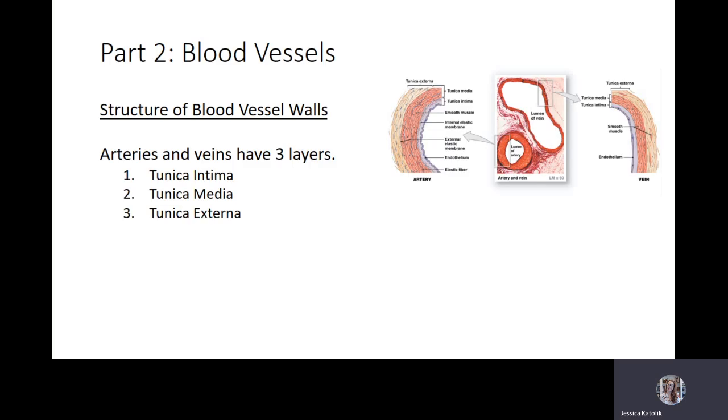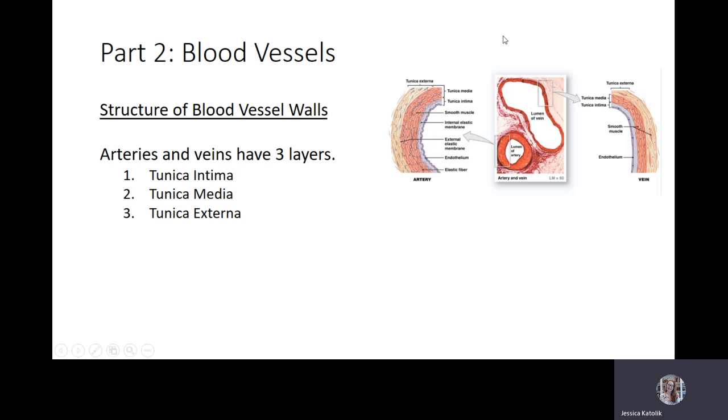So arteries and veins are going to actually have three layers: tunica intima, tunica media, and tunica externa. And so we can kind of see them over here. This area would be representing an artery, and this area would be representing a vein. And here we have in blue, or this purplish color, the tunica intima, the deepest layer.